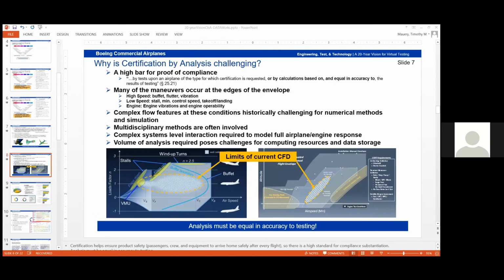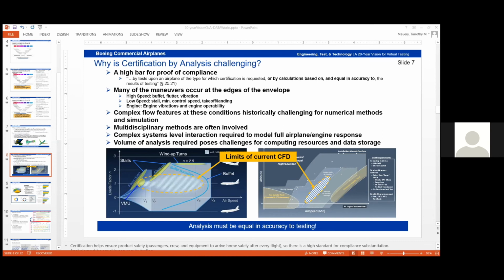So why haven't we done it already? It's because it's a hard problem. Certification is put into place to ensure product safety. We want passengers, crew, and equipment to arrive home safely after every flight, and so there's a high standard for compliance substantiation.